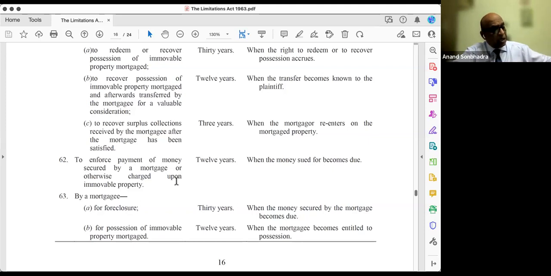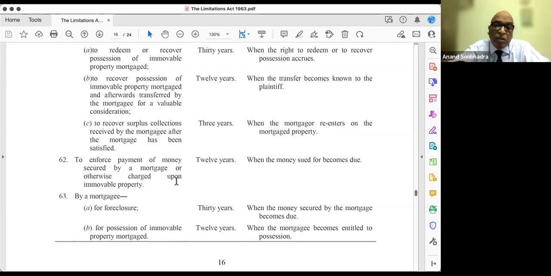So in case there is a security which is created by a mortgage of immobile property, then the suit can be filed within 12 years.